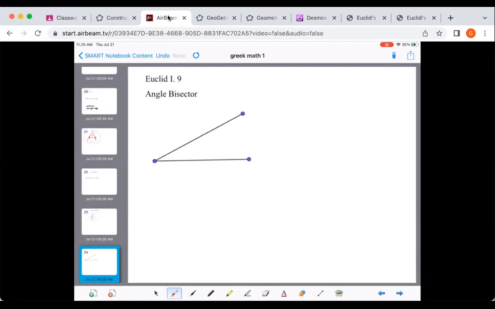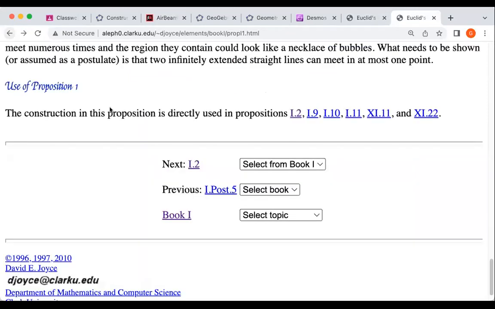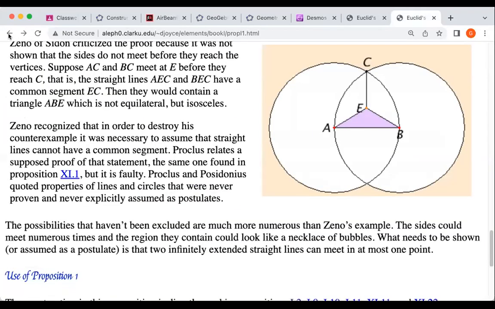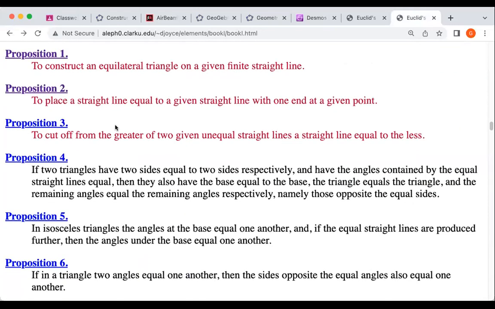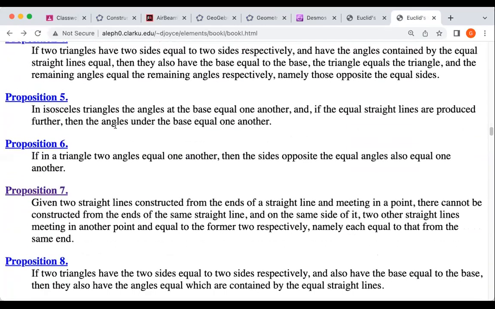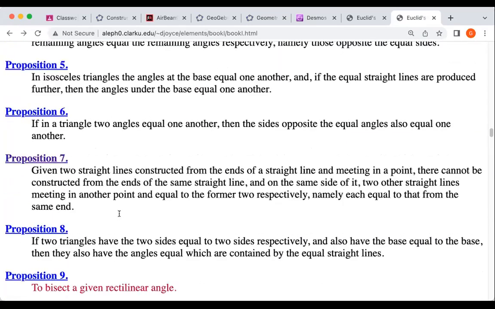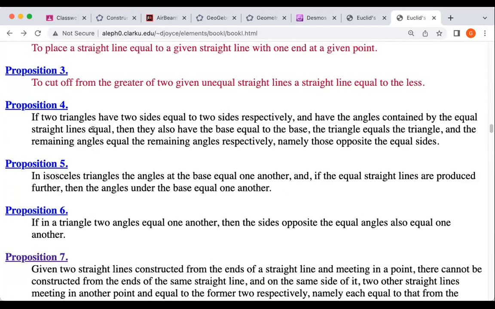Now you might wonder what happens in between proposition 2 and proposition 9. Well, there's a very important proposition that I'm just going to mention. It really is a postulate disguised as a proposition, and it's extremely important. It's proposition 8, which comes from proposition 4.